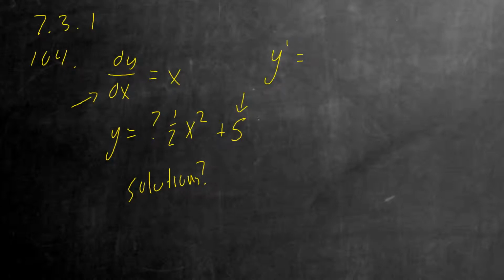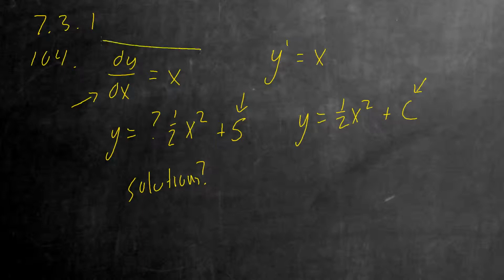No, right? Because the derivative of 5 is 0. So that is where we can antiderive, and we always need that plus c. y equals 1/2 x squared plus c. There's an infinite amount of constants that we can put there and come up with that as our derivative.